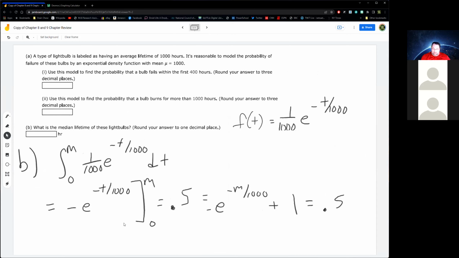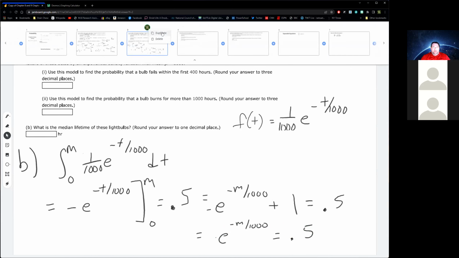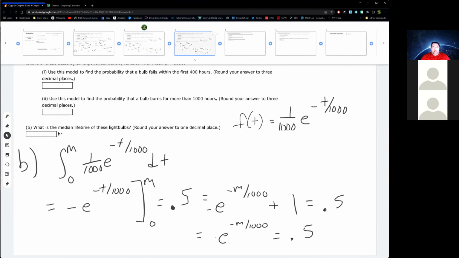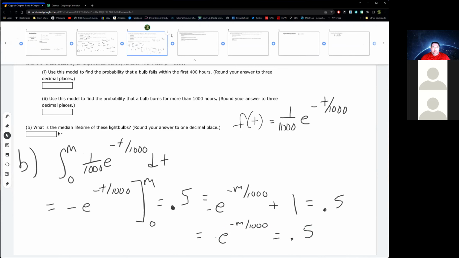So it would be negative 1,000 ln of 0.5. There, I can get rid of the signs. I'm gonna have to go on this slide. Ran out of room. So e to the negative m over 1,000 equals 0.5.